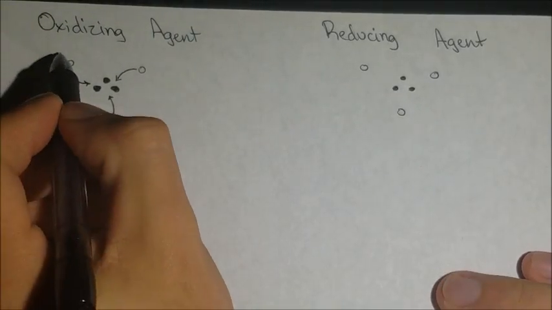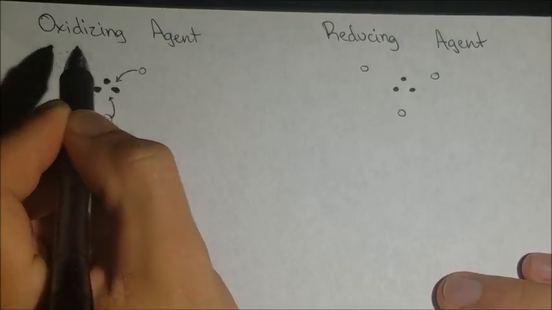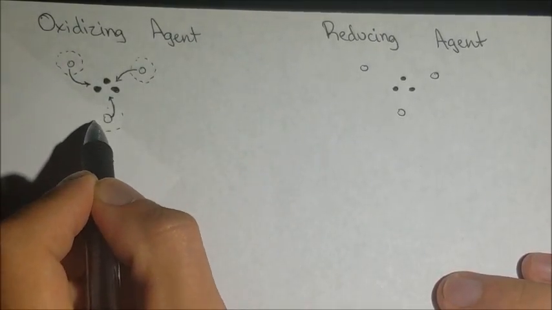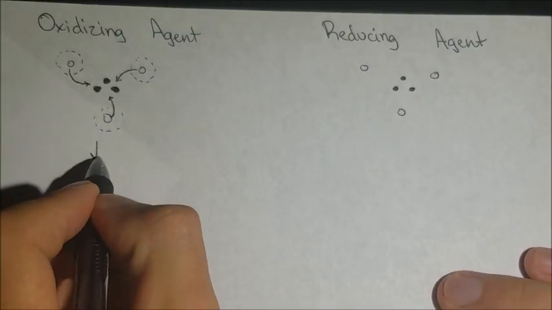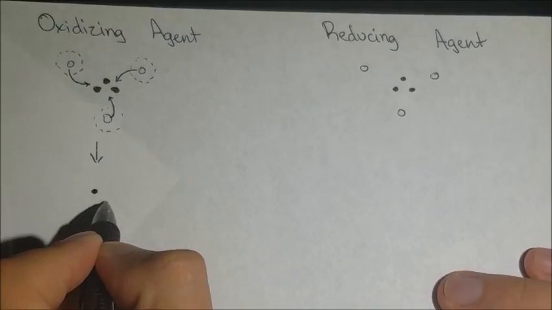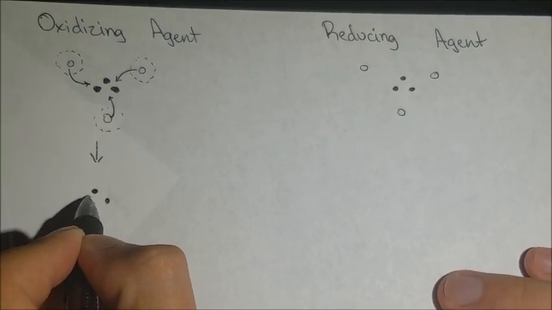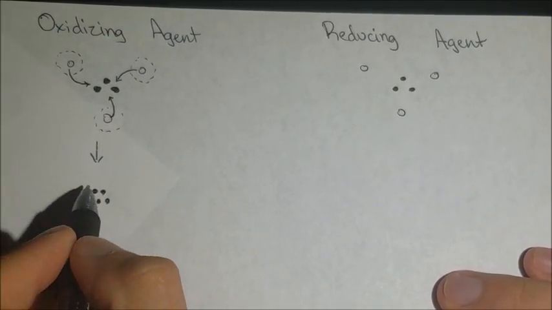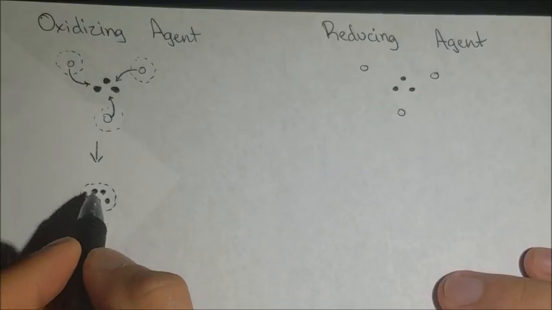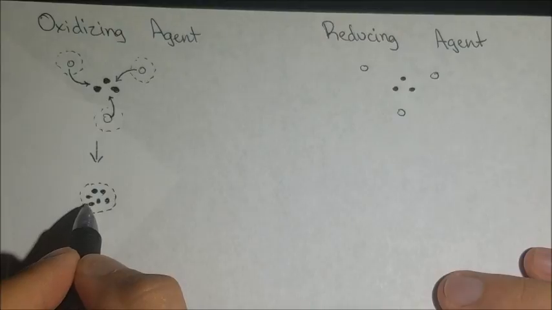And now, let's suppose these are the atoms that had these electrons initially. What's going to happen now is the oxidizing agent now has all of these electrons.